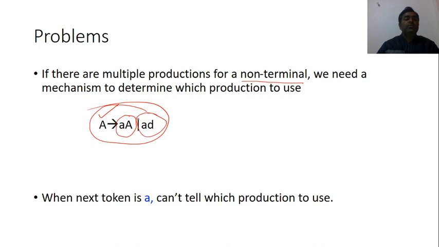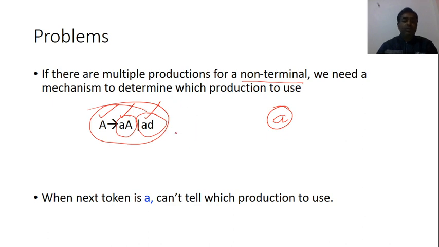We should have some mechanism to decide which one to use. When the next token is a, we can't tell which production to use, because in both cases I am getting a, so I am not able to decide whether to use aA or aD.